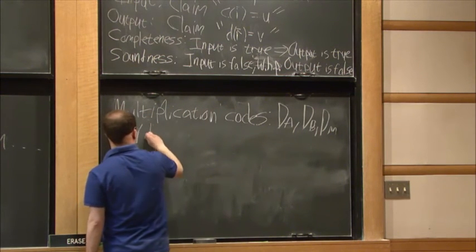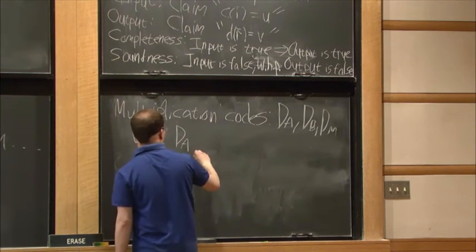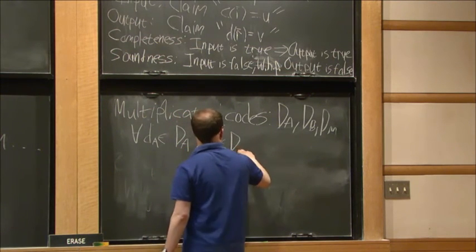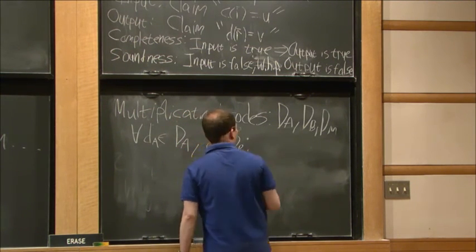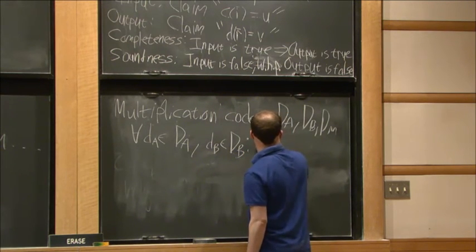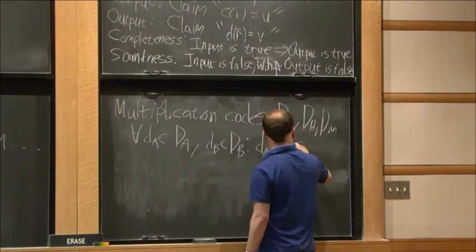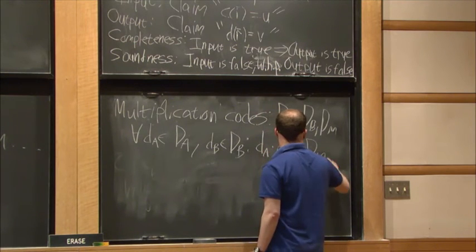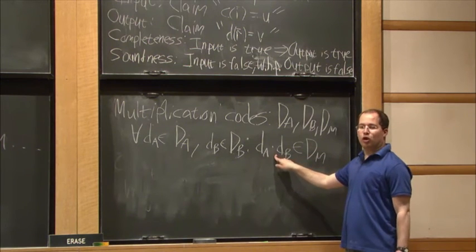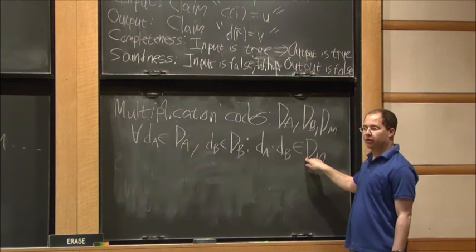For every dA in capital DA, dB in capital DB, it holds that dA times dB is a code word of capital DM, where the multiplication is coordinate-wise. We multiply the ith coordinate of dA by the ith coordinate of dB.